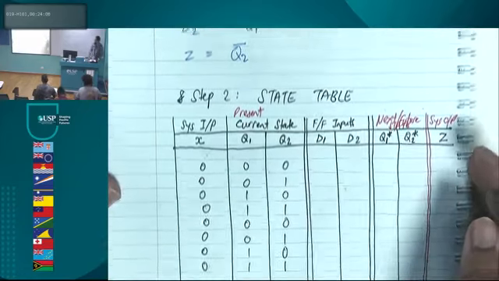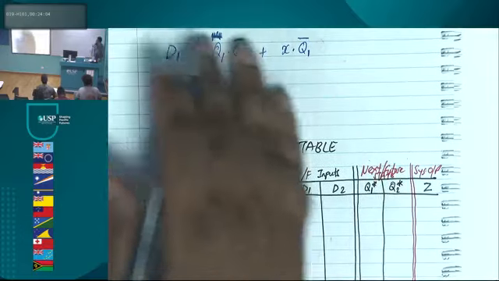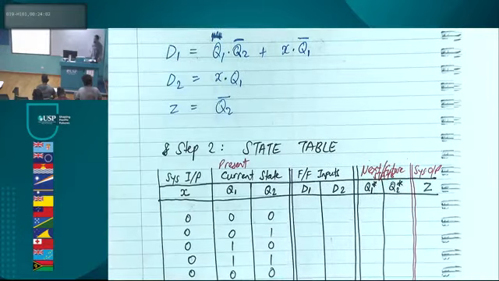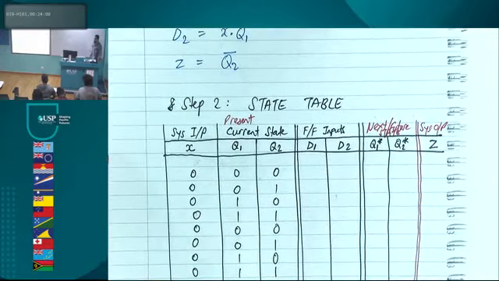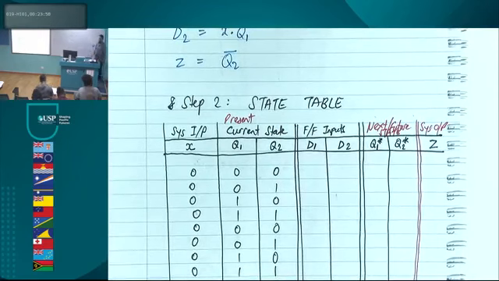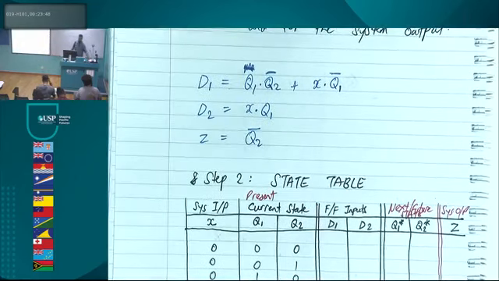For those of you who have just arrived, we did the derivation of the equations yesterday. We are now doing something called the state table. You have to do this step by step. There's a number of steps. So D1, if somebody is wondering what D1 is, all you do is Q1 and Q2 bar, or X and Q1 bar.